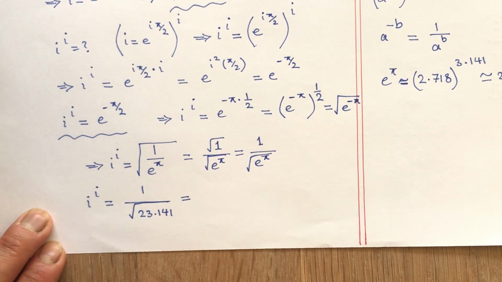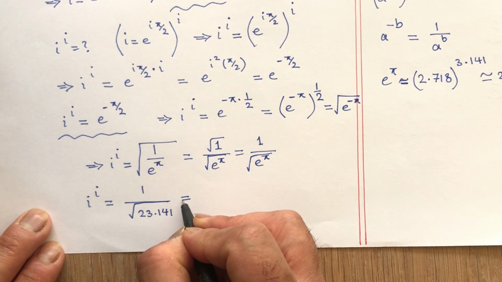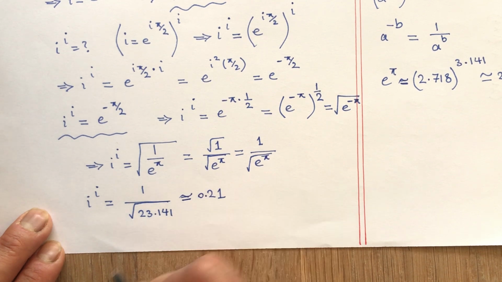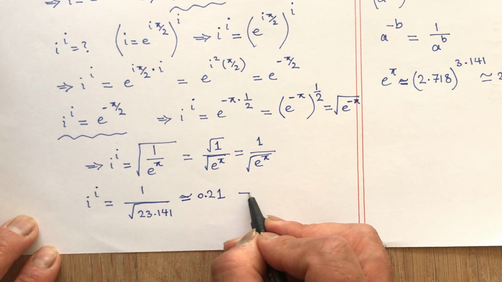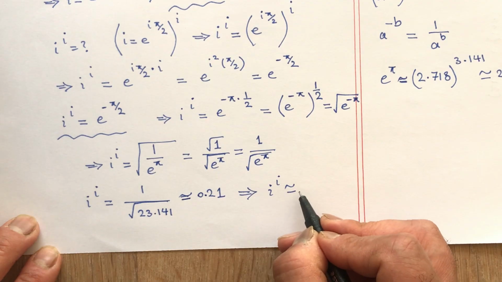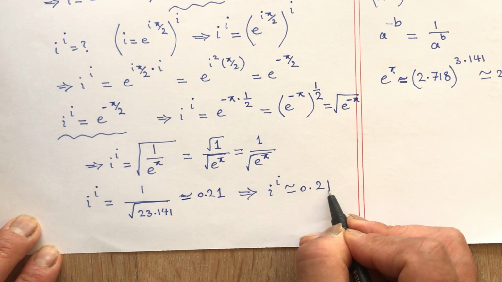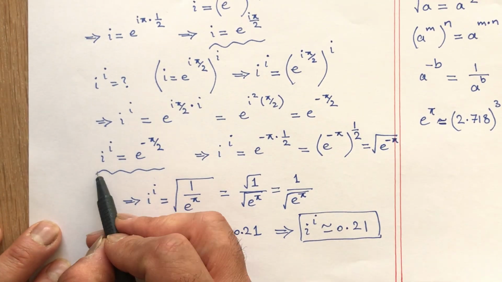Again, by using a calculator, you can find the number for these terms. This expression is approximately 0.21. So by numbers, the approximate value is 0.21. This is the number, and that is the expression.